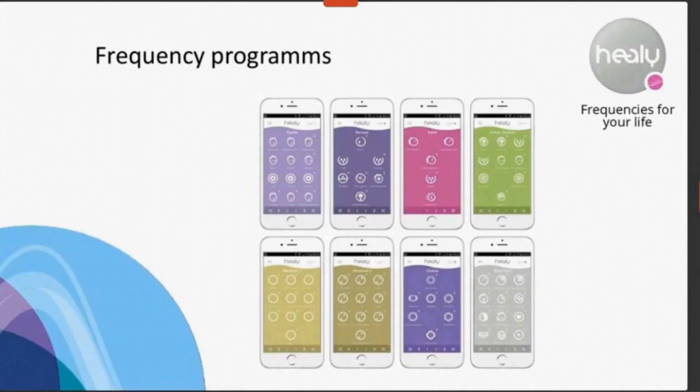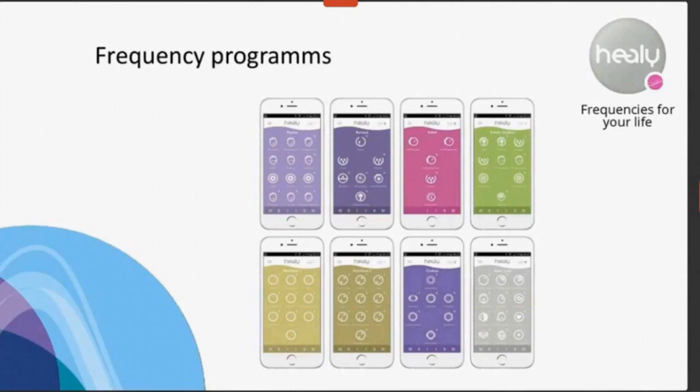If you have the Healy Gold, then you have fewer pre-programmed frequency programs. If you have Healy Holistic Health, you have a few more. If you have Healy Holistic Health Plus, you have all 121 frequency programs available.